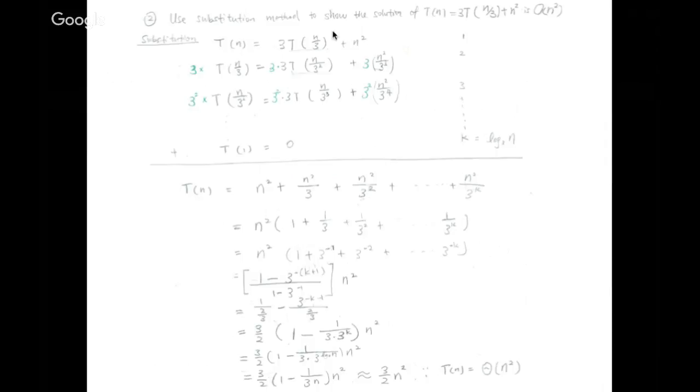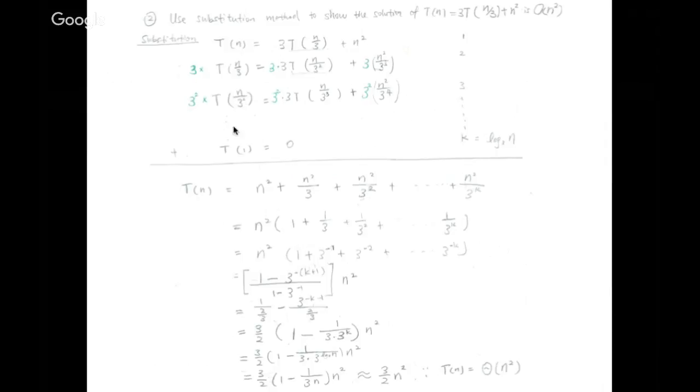Okay, so then now we can cancel out this 3T term with this 3T term, and then this 3 times 3T term with this 3 squared times the T(n/3 squared) term.